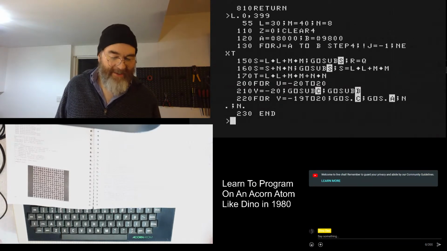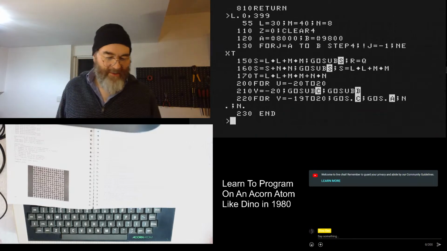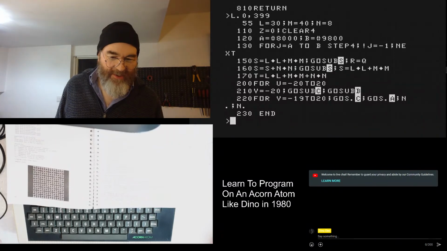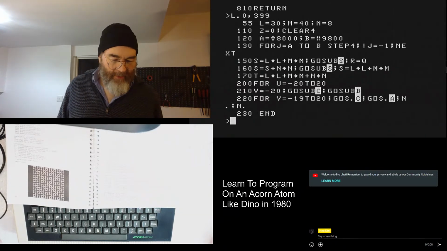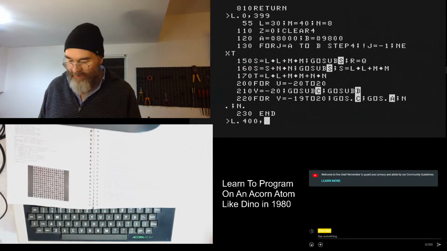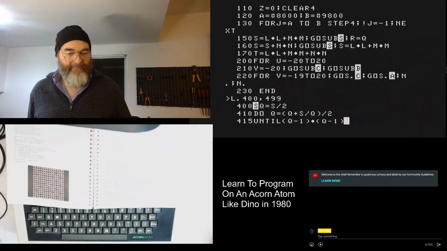It's only the thing that clears the screen that would, but I'm still checking it. 4U equal minus 20 to 20, V equals minus 20, gosub C, gosub B. 4, V equal minus 19 to 20, gosub C, gosub A. Next, next, end.